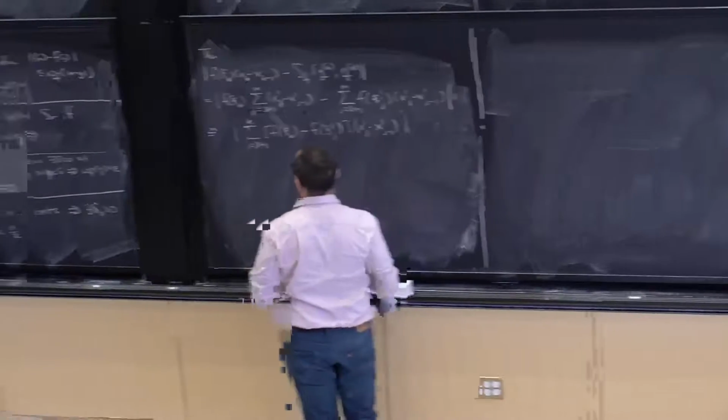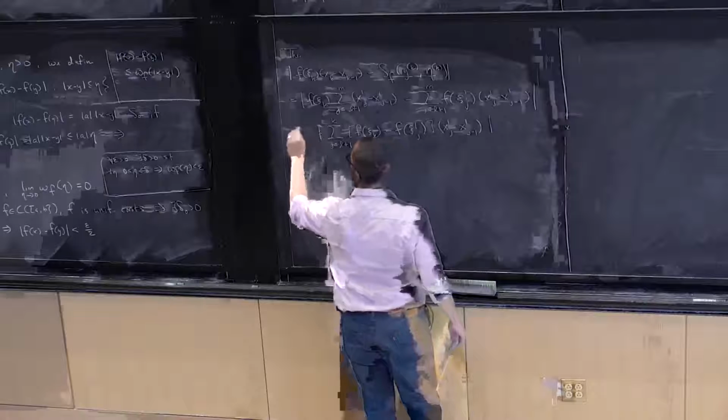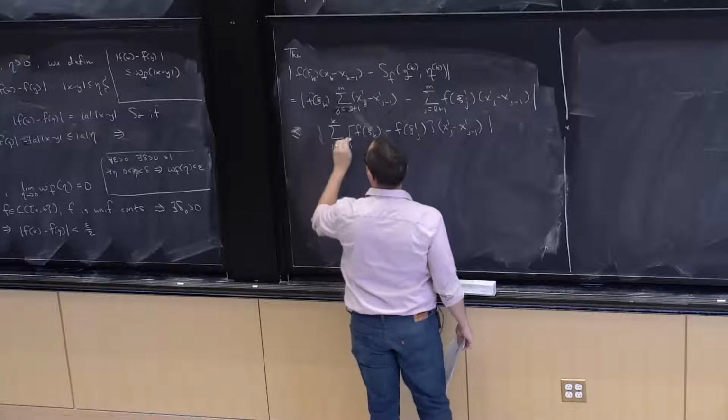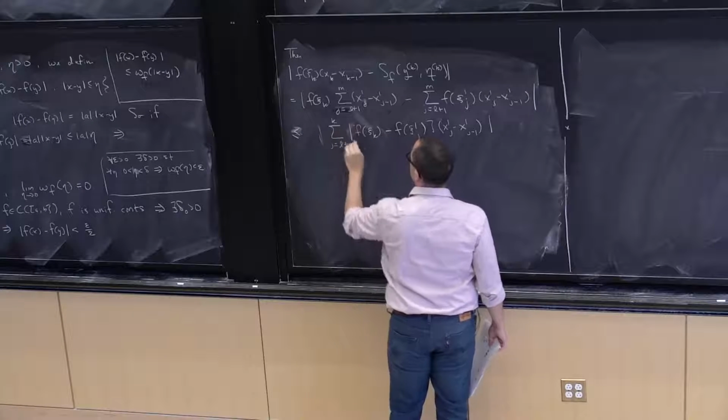Now, by the triangle inequality, the absolute value of the sum is less than or equal to the sum of the absolute values. So to save myself writing, I'm going to bring the absolute values inside.